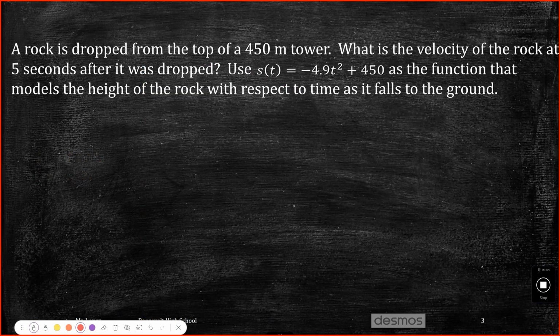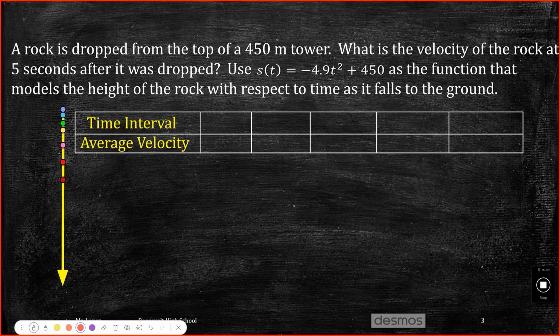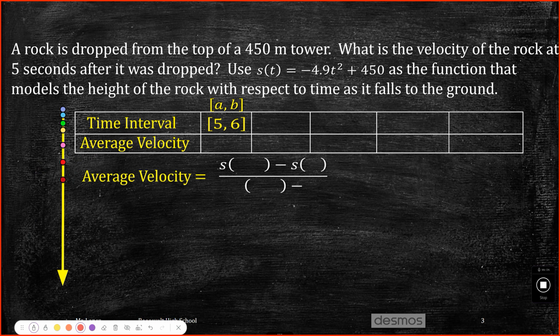So we'll go back to the problem, and we're going to set it up to try to find the slope. The time interval we got is from 5 to 6, no? And from 5 to 6, we're going to get the average velocity, which is that formula. The formula was what?